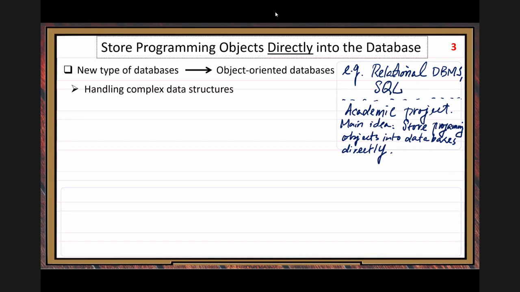Programming objects. We know in Java and C++, object-oriented programming languages, we can define classes. Then we can use classes to create objects. And we can use objects to store our structured data.